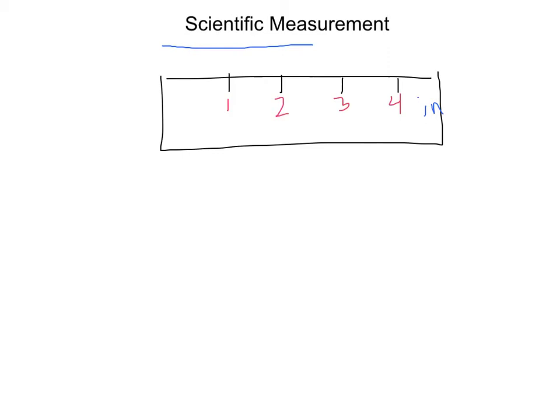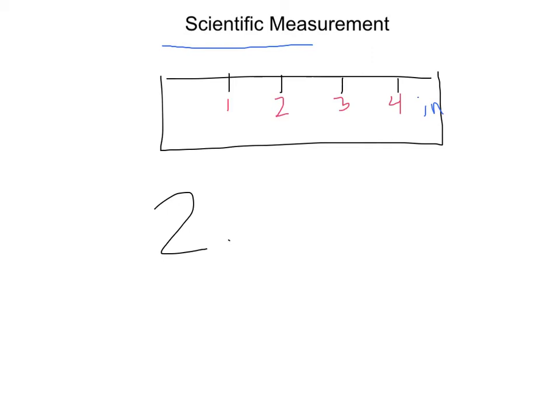If we look at our ruler, we can tell it's between 2 and 3, so we know it's 2 point something. That's certain because it's marked.